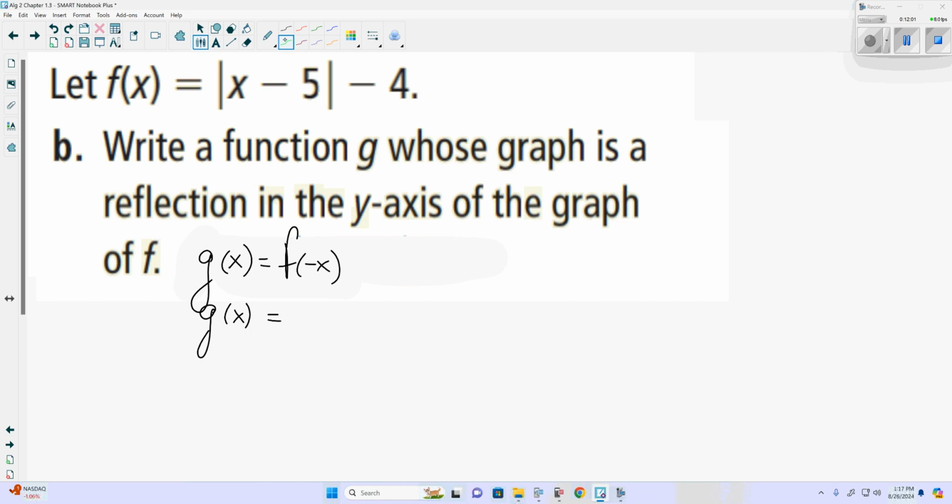This time, we don't just have f of x anymore, we have f of negative x, which means every x in our f of x is going to have to be replaced with negative x. Since we replace this x with negative x, all the x's over here have to be replaced with negative x.